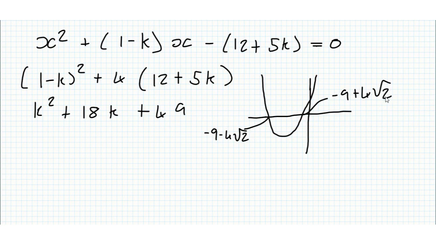Essentially what we want to know in the discriminant is when this quadratic is less than 0, which is in between minus 9 minus 4 root 2 and minus 9 plus 4 root 2, when it has no solutions. It has two solutions above the x-axis, so when x is less than minus 9 minus 4 root 2 and greater than minus 9 plus 4 root 2, and when it has just one solution, which is our stationary points, at x is equal to minus 9 minus 4 root 2 and x is equal to minus 9 plus 4 root 2.